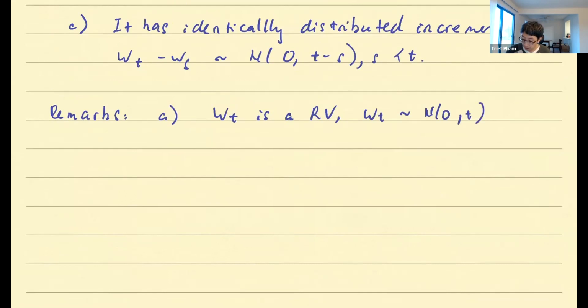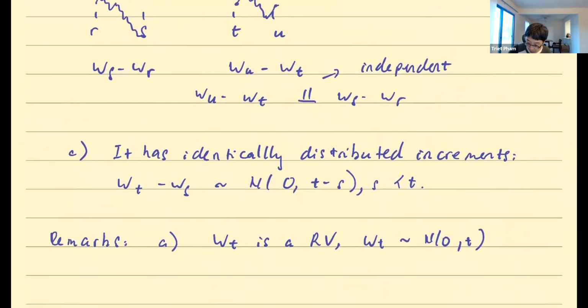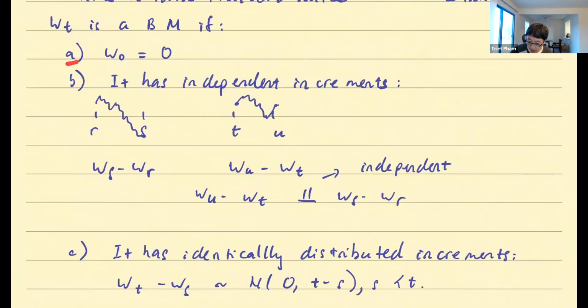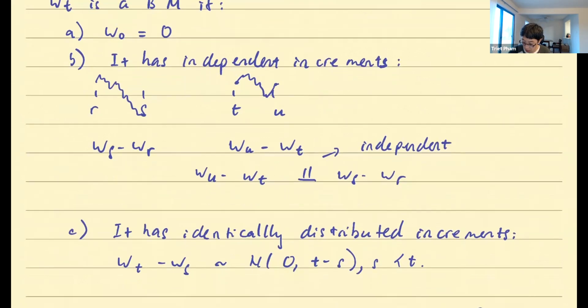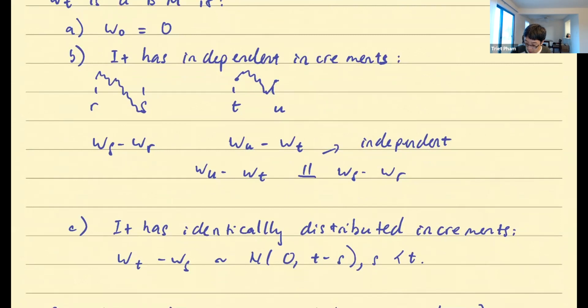Where does this come from? It actually comes from point A and point C. A says W_0 is 0. C says any increment has this distribution. So all you have to do is choose s to be equal to 0. Then it says W_t has a normal(0, t) distribution. So Brownian motion by itself has a normal distribution, because the value can be viewed as an increment from time 0.